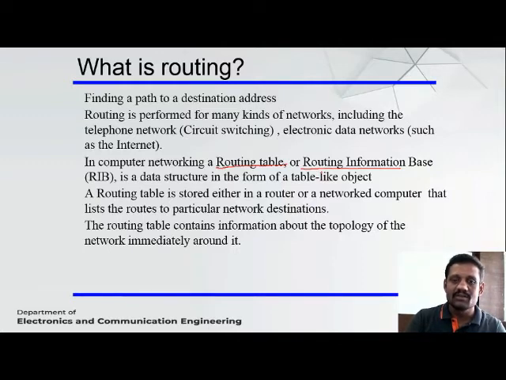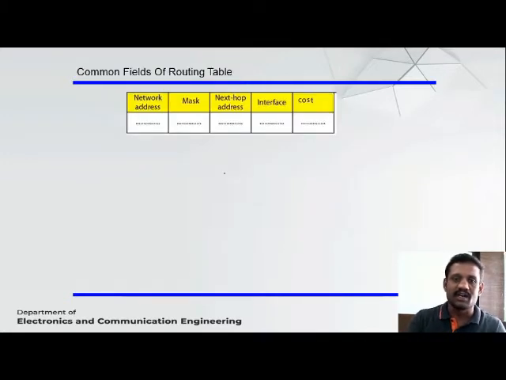The routing table is stored in either a router or a network computer, and it lists the routes to particular network destinations. A single router doesn't know whether it needs to connect to another router or a host device, so at that time I need to refer to a routing table. These are the common fields used in the routing table.